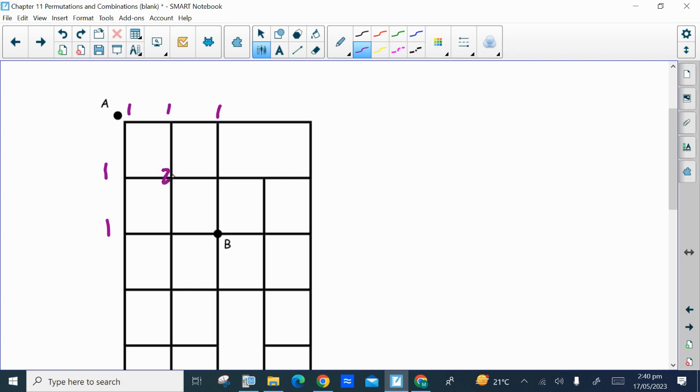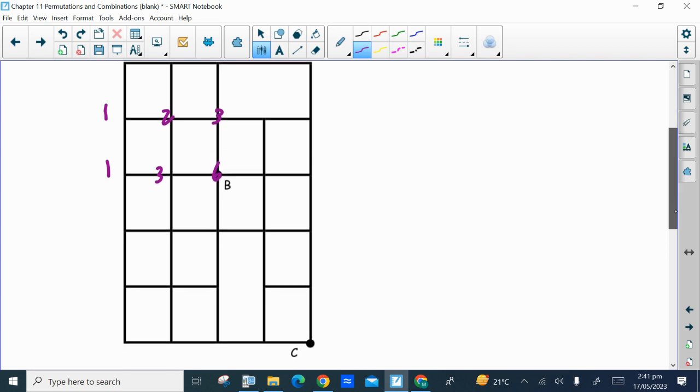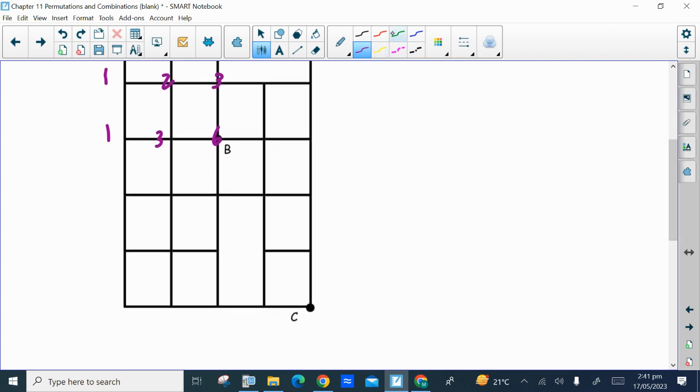So this will be 2, this will be 3, this will be 3, 6 ways to get to B. And then from B, you're going to go to C. So these will all be 6s along here. Again, we're counting the number of routes to follow.